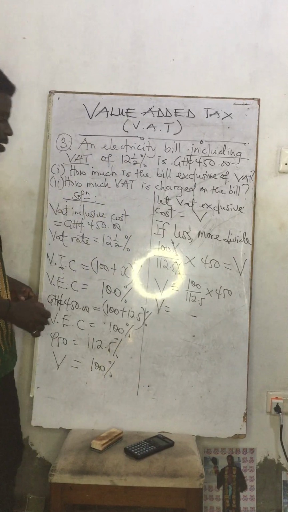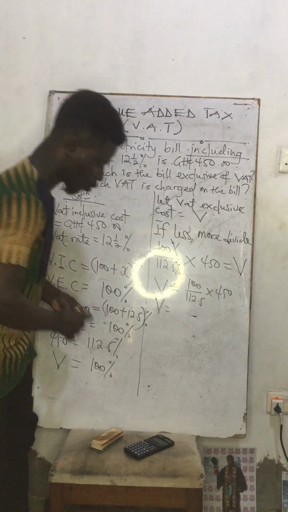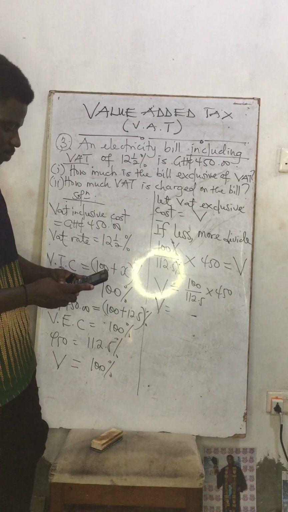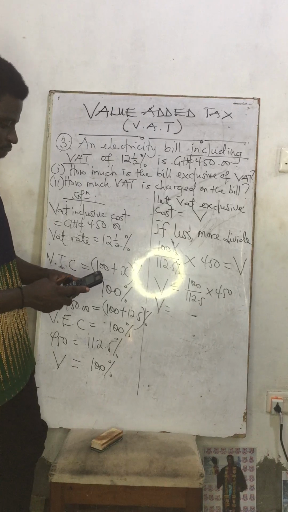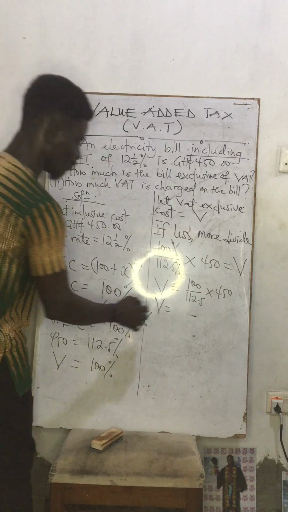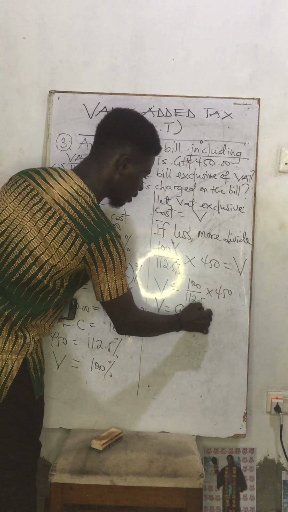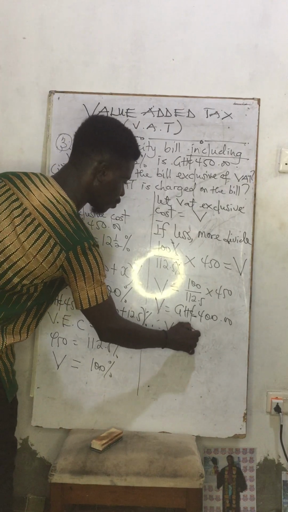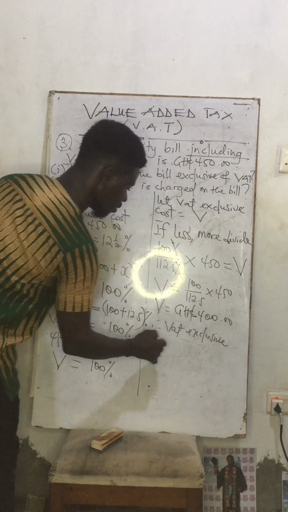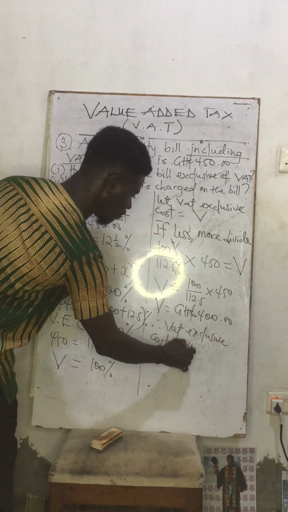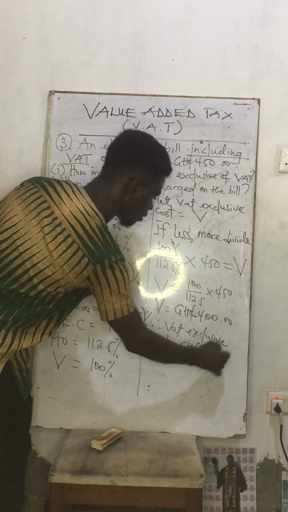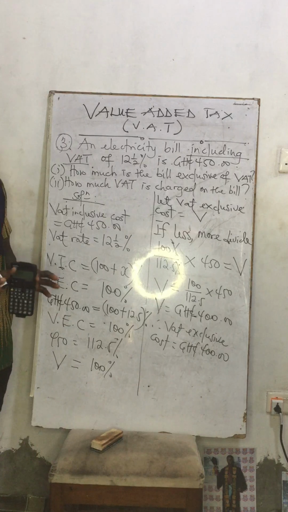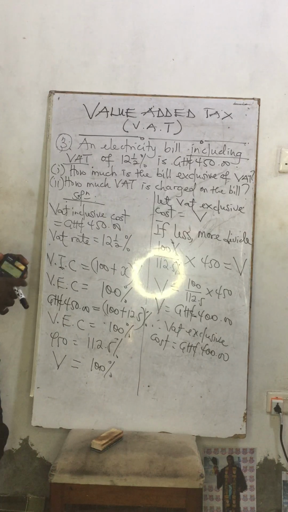So our VAT exclusive cost is 100 over 112.5 times 450, and this will give us 400 Ghana cedis. So the VAT exclusive cost is equal to 400 Ghana cedis.